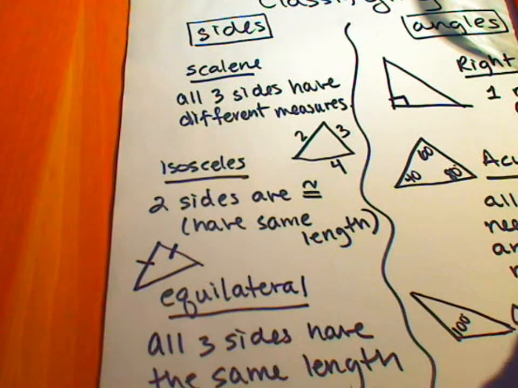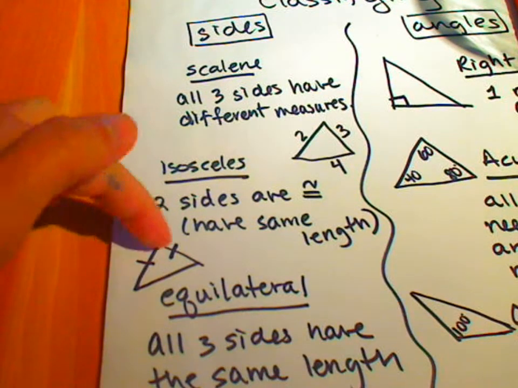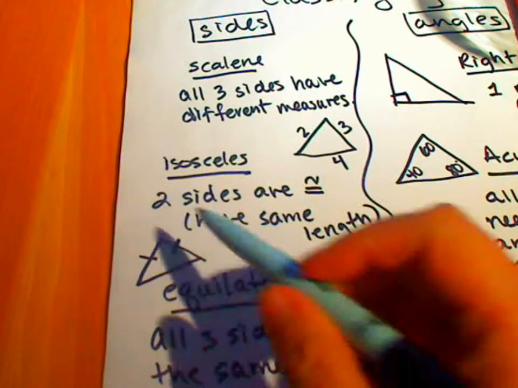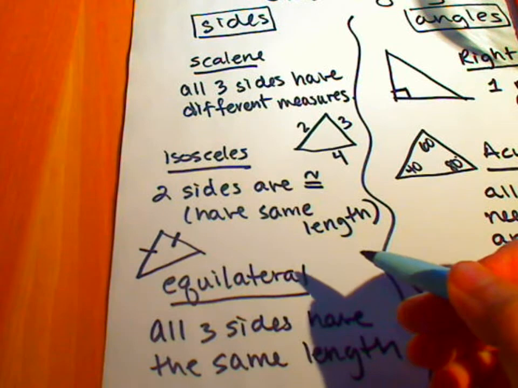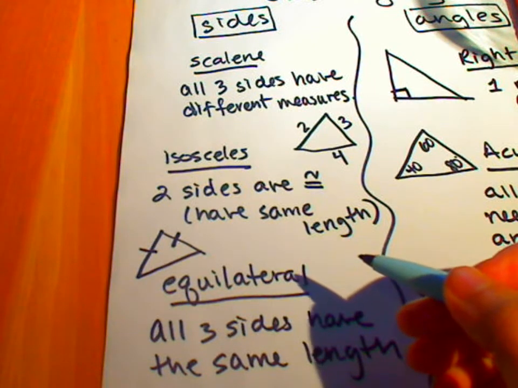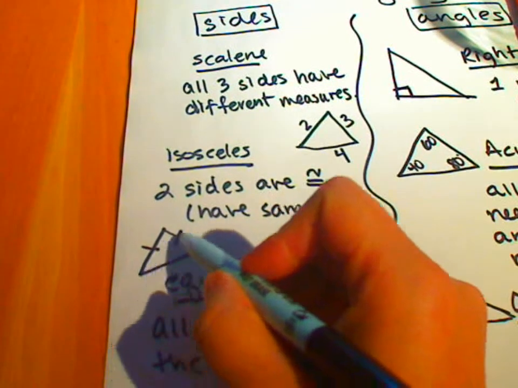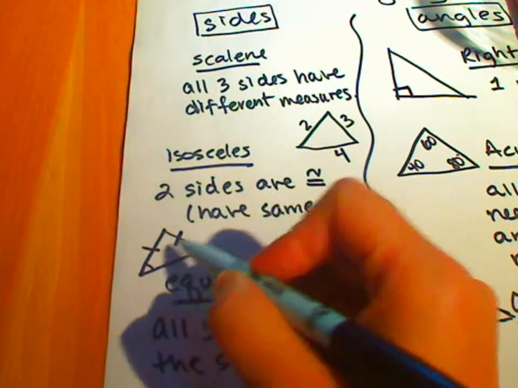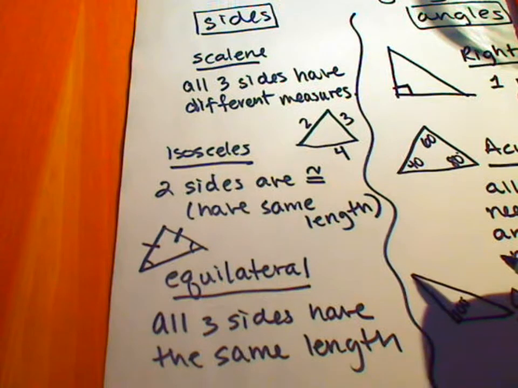I don't have to know the number value, but if I mark those congruent, then it tells me it is isosceles because the two sides are marked congruent. Consequently, one thing about isosceles triangles is if you have two congruent sides, you will also have two congruent angles, what they call base angles.